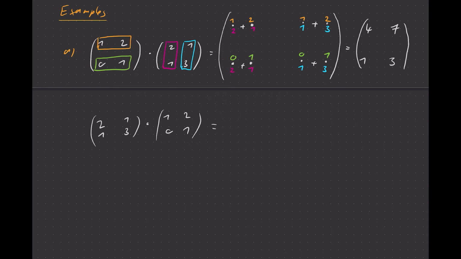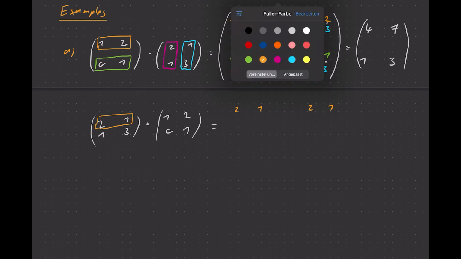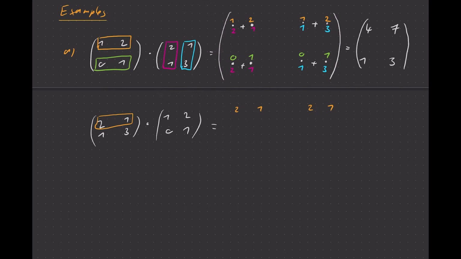Again, we'll start with the first row. Here's the first row of the left matrix, 2, 1. And let me do this one more time in that way. So we have this 2, 1. And here we have the first column, that is 1, 0, to put that here.